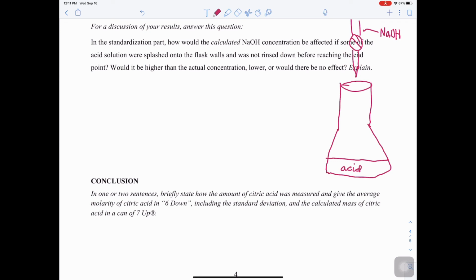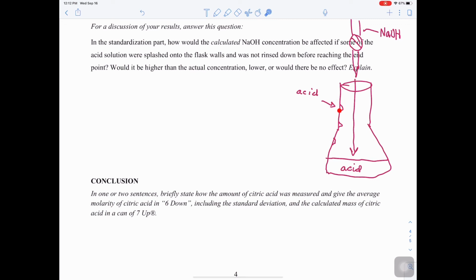The question here is, what if we have some droplets of acid that got stuck on the side? As my sodium hydroxide is coming in and reacting with the acid, is it going to react with the acid that's stuck up here? You need to figure the answer out to that.